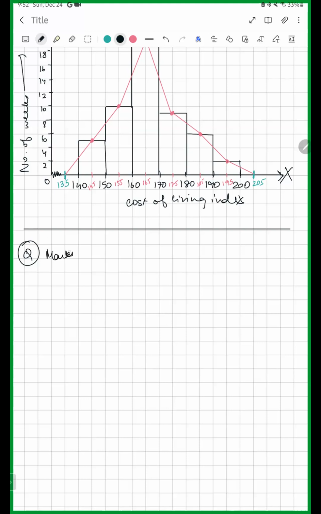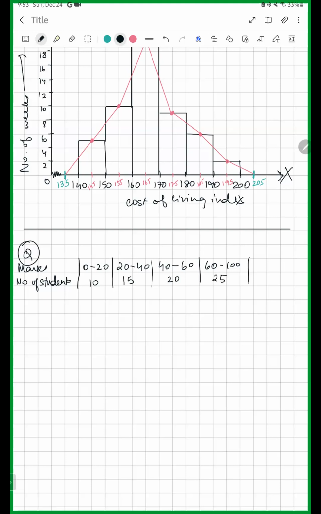Marks and number of students. 0 to 20 marks, there are 10 students. 20 to 40 marks, there are 15 students. 40 to 60 marks, there are 20 students. 60 to 100 marks, there are 25 students.